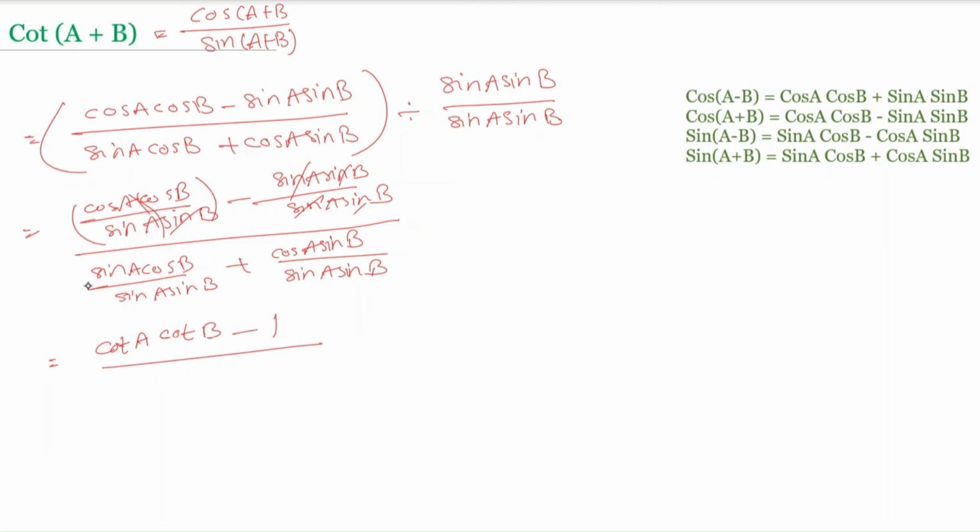In the denominator, sin A cancels out and cos B upon sin B is cot B, plus sin B cancels and cos A upon sin A is cot A. So cot of A plus B is cot A cot B minus 1 upon cot B plus cot A.